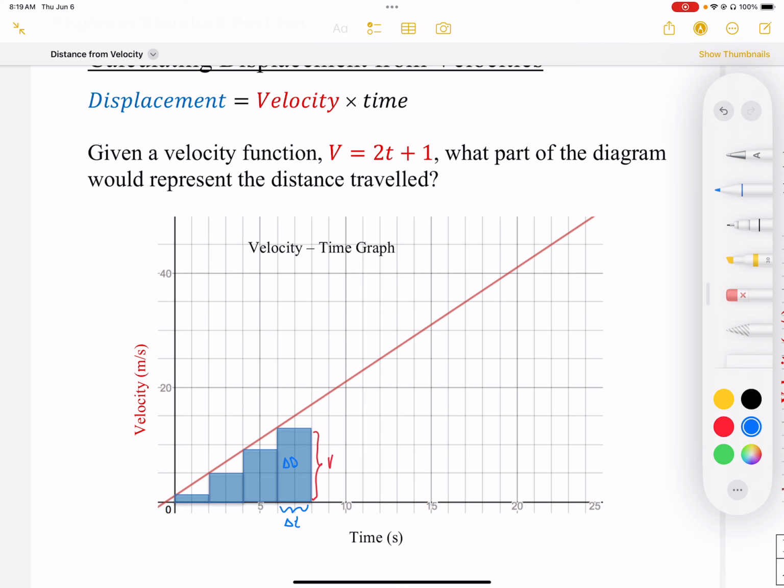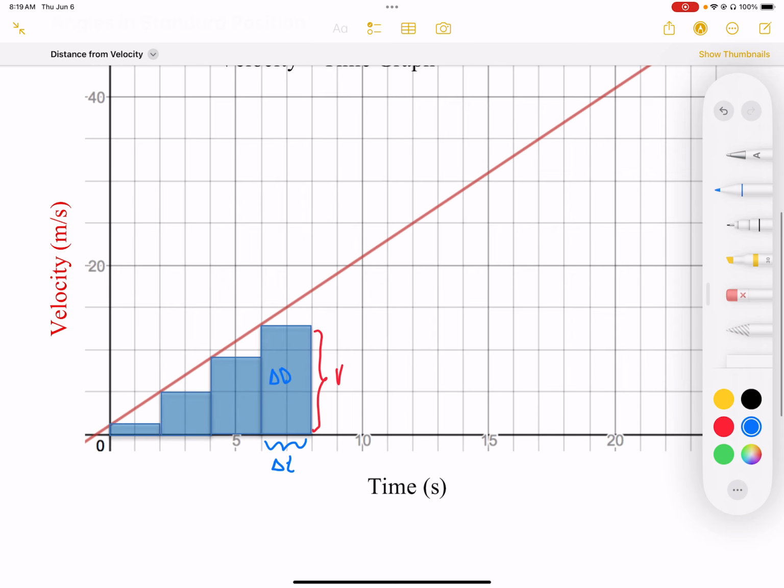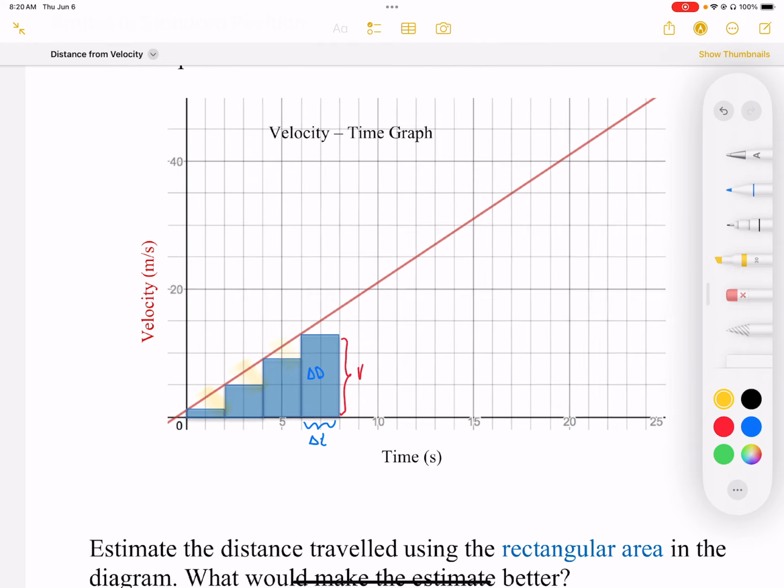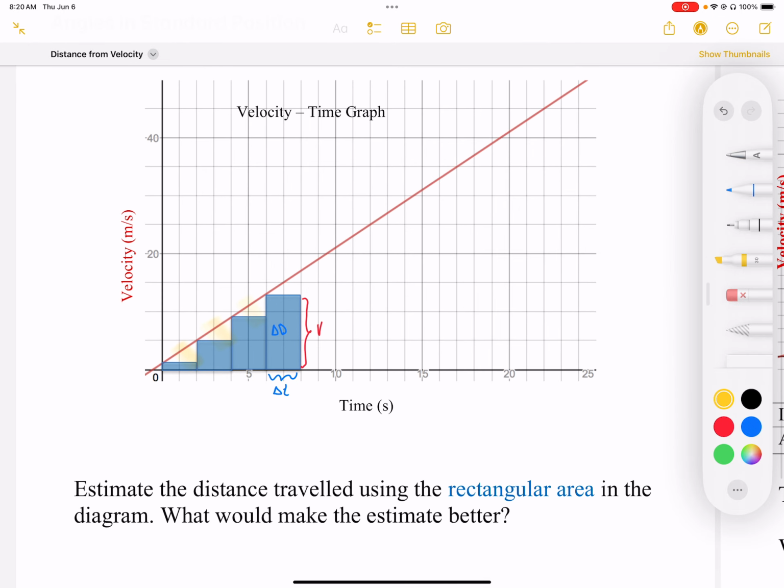Now, I say estimate because you can see that there is a little bit of mismatch between the actual area calculated and the actual area underneath that velocity function. We're going to have to resolve that at some point. But in general, that rectangular area is going to represent our displacement, and the total displacement is when we add up all those areas.